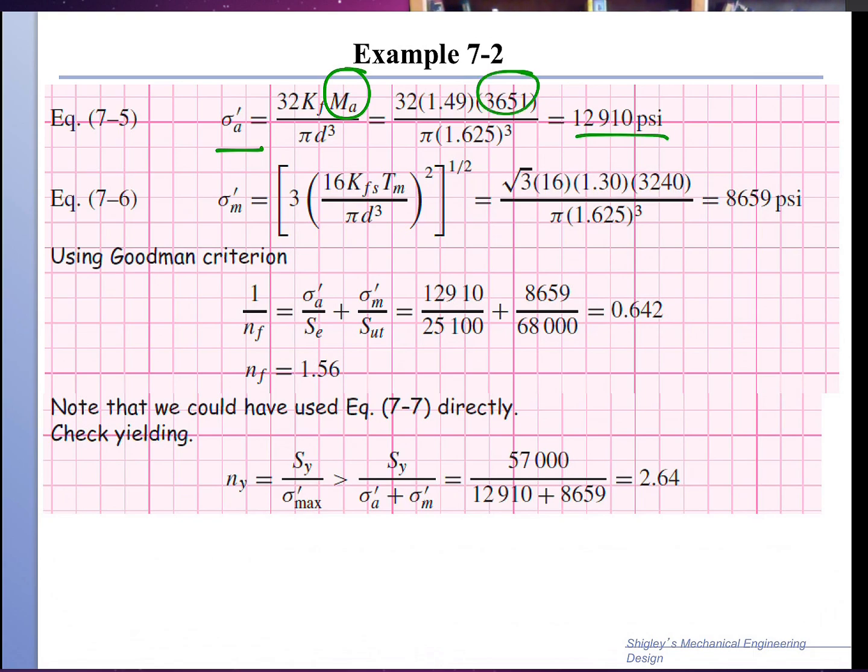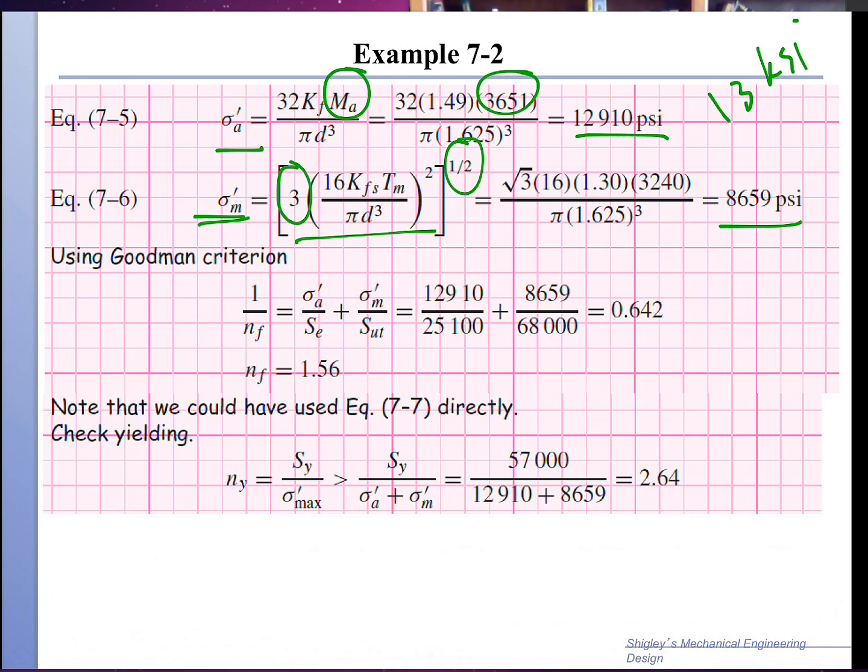So we come to almost 13 KSI, and the mean value of the stress, note that I have a factor of 3. This is in the von Mises because we have shear, so we add the shear with 3 times tau squared. So this is basically converting the shear to an equivalent von Mises stress.